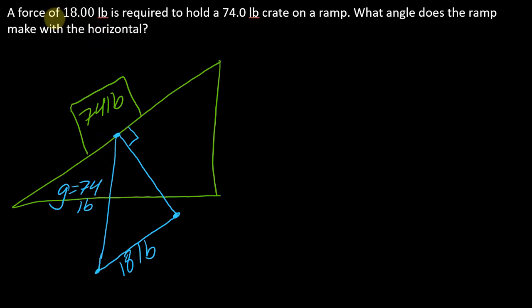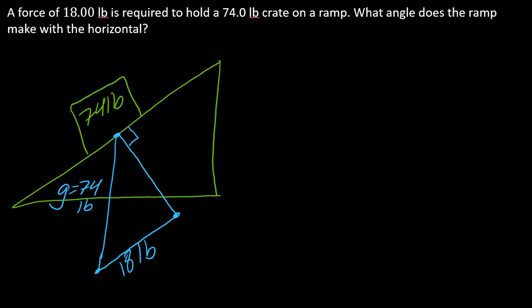And then we're told that the force required to hold this crate is 18 pounds. So in this case, that would be this measure here, remember there's another little vector that's the force required to push this up, which is really the force that's holding the crate. So this vector here is equivalent to the force required to hold the crate.